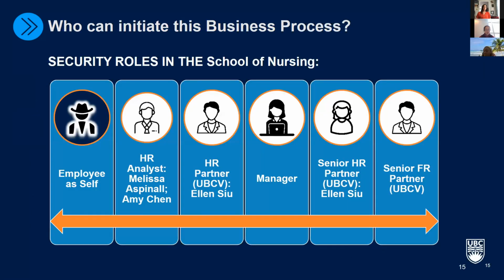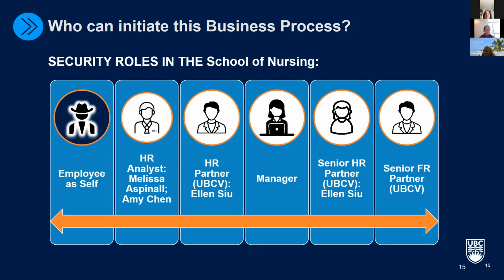And then this is talking about all the security roles in terms of HR when we approve things or put things through Workday. So if the employee initiates the transaction, the next step is Melissa or Amy assisting in the transaction. Then my approval role as an HR partner. Then it comes to the manager.